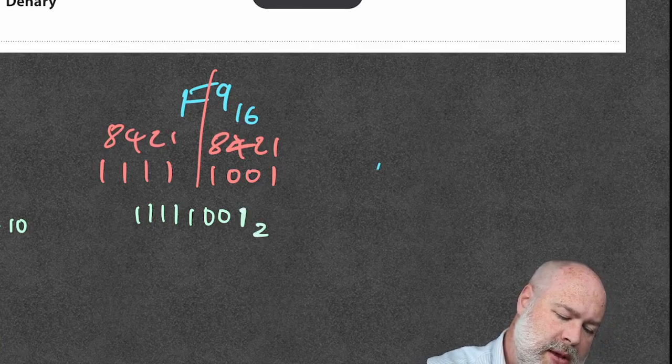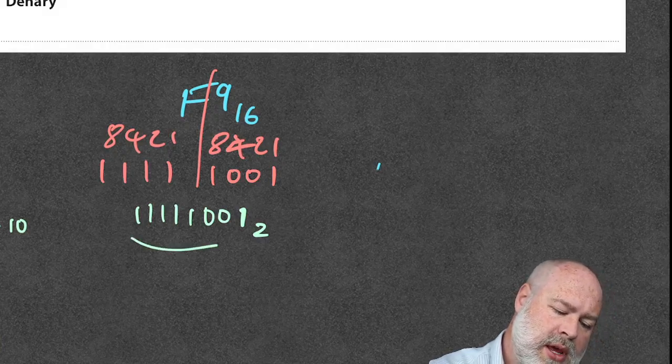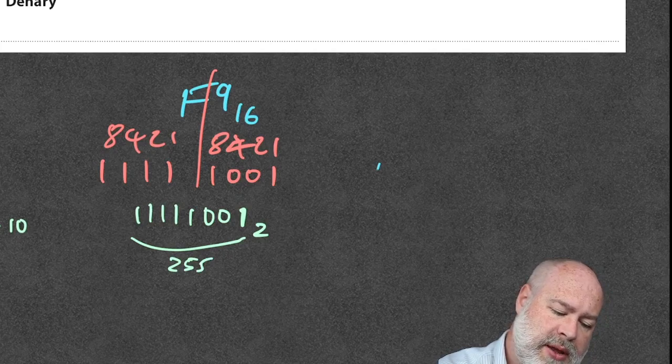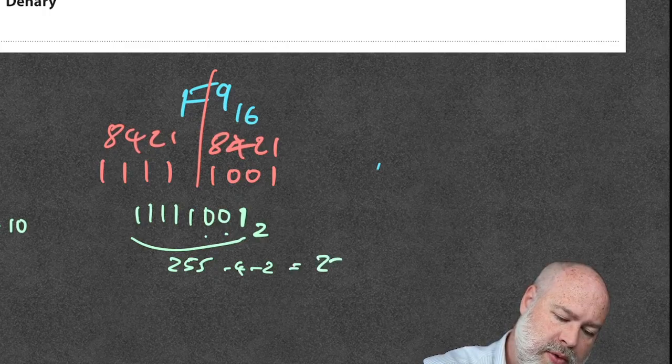So that's the binary number. The way I would do this is all of these together is going to be 255 and then minus 2 and 4. So 255 minus 4 minus 2 equals 249 in base 10.